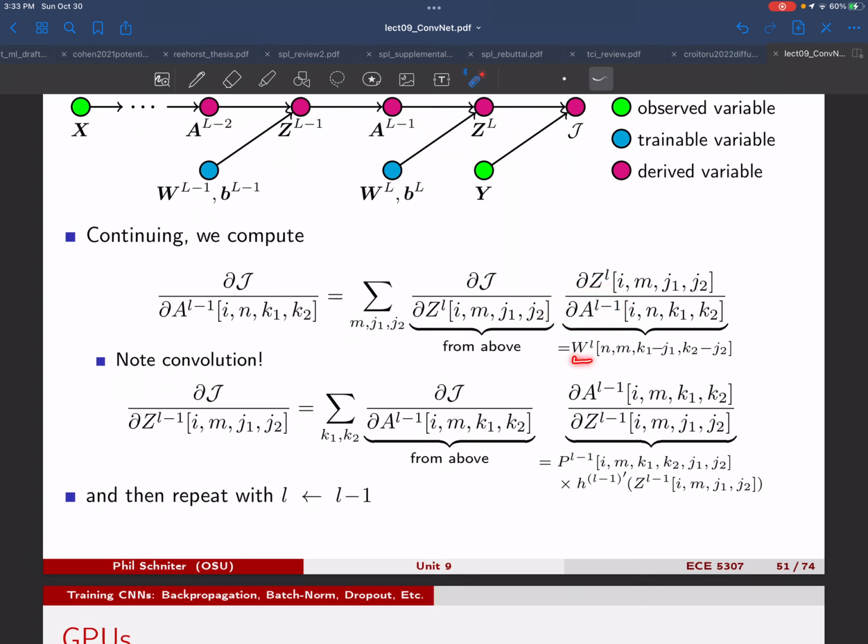Here's our weight matrix, and you can see these are the differences. On the previous page, I had called them K1 prime, K2 prime, so there are primes there. But on this page, I'm just removing all the primes, and obviously the expression still holds. Okay, so that's the explanation for where that came from.